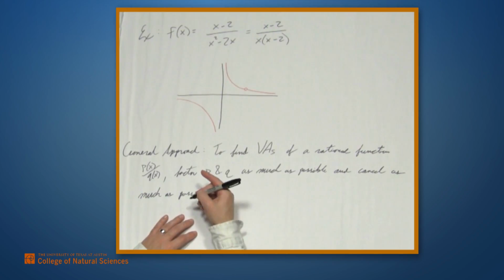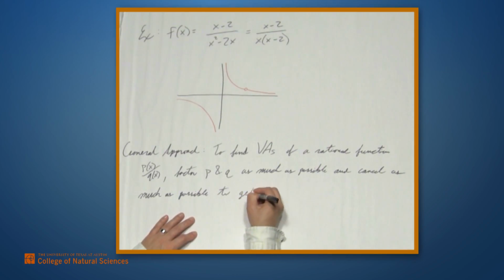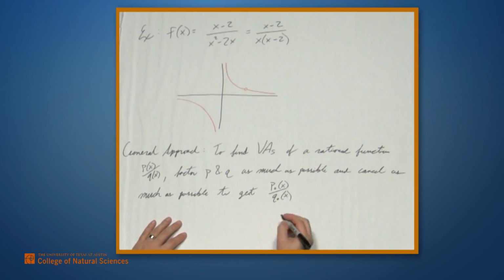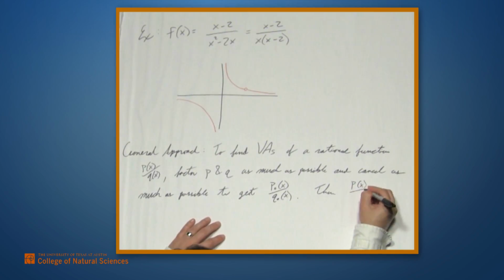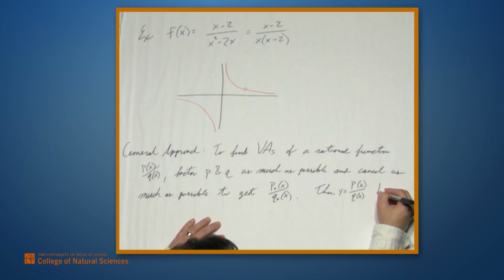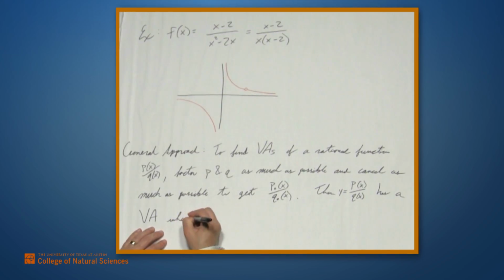And let's call the result p0 over q0. So we factor and cancel as much as possible to get p0 of x over q0 of x, possibly different from the original two polynomials. Then y equals p of x over q of x has a vertical asymptote wherever q0 of x equals 0.